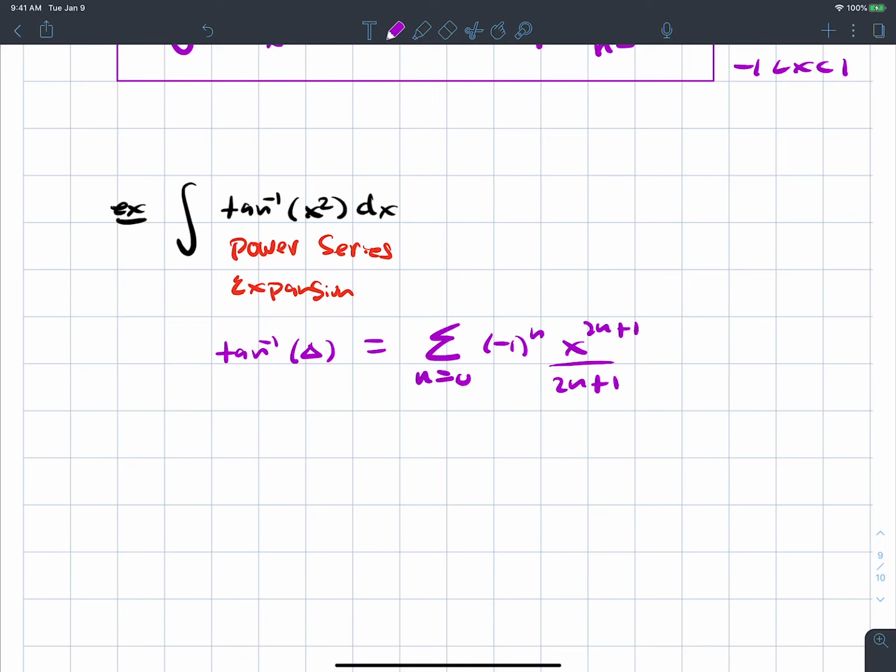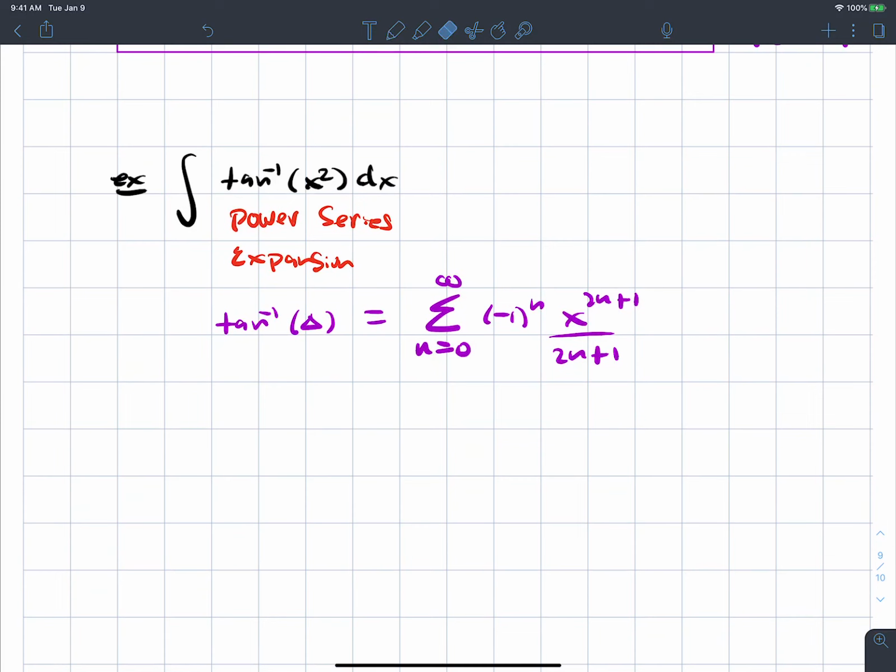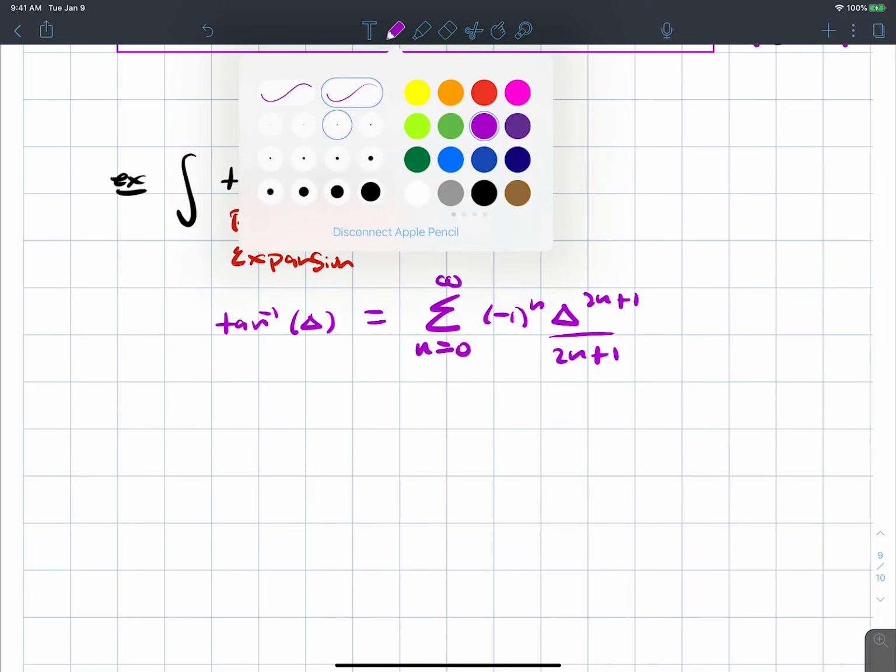And I believe that's n is 0 to infinity. And it's no longer x. It's the base there. So inside here, you've got x squared. So I'm going to replace this with an x squared here.